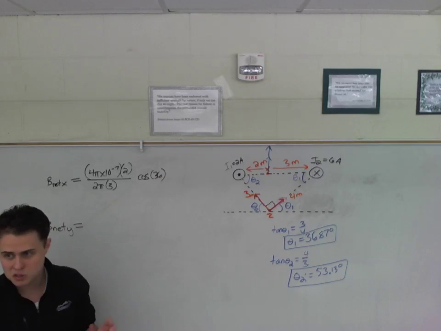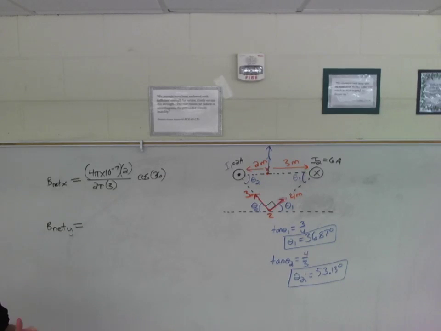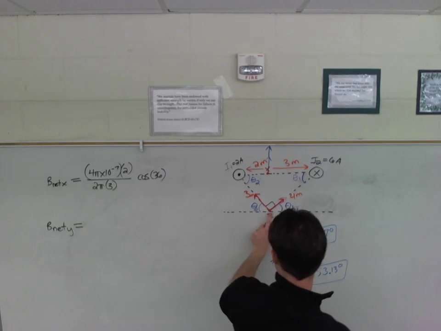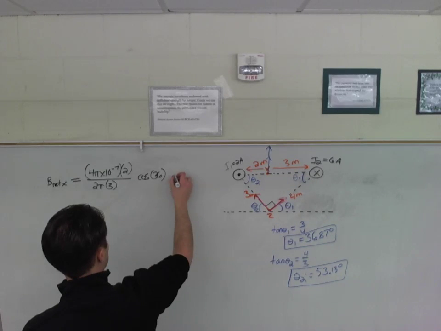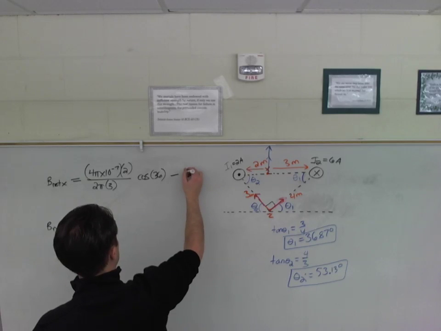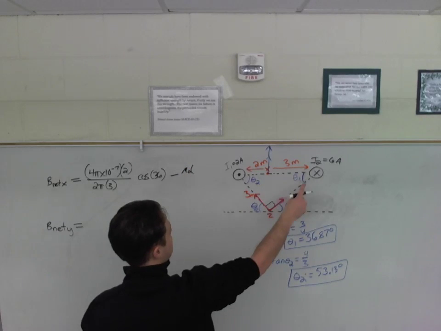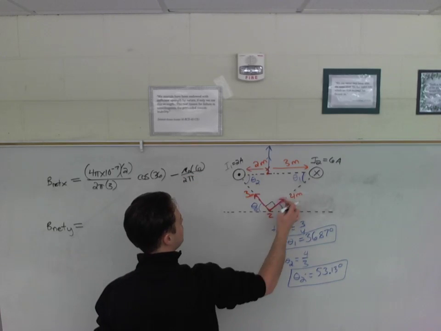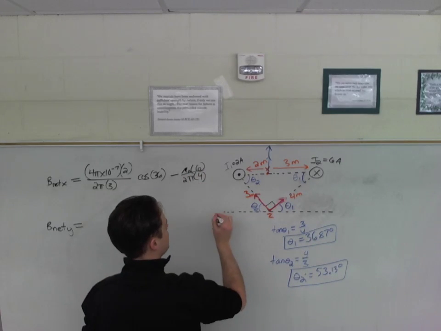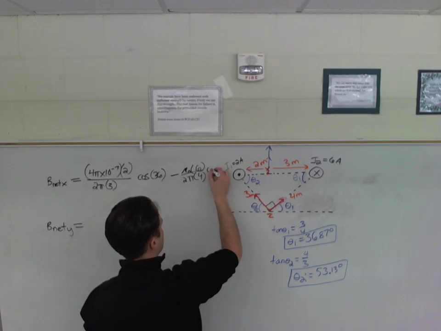Then for the net x direction, we also need this part, so that's going to be minus mu naught, this guy is 6 amps, 2 pi, this is how far, times the cosine of what?